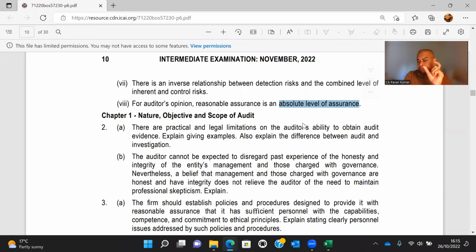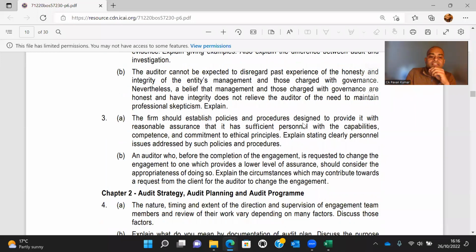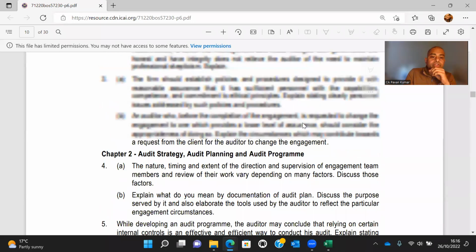There is one beautiful phrase: due to the presence of inherent limitations of audit. That's all. That is done. You understand? So shall we continue?